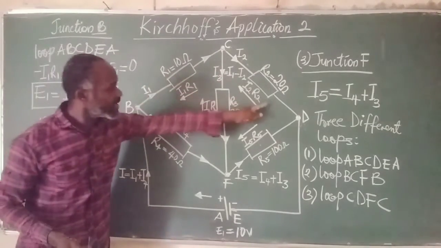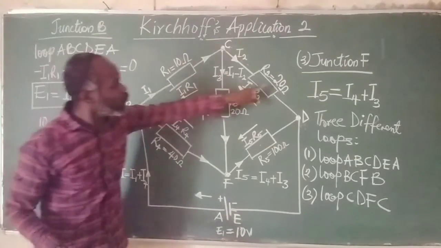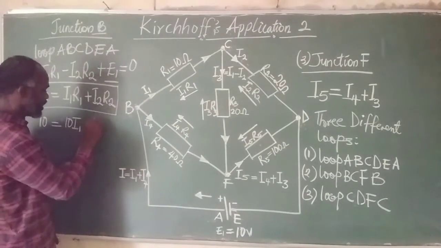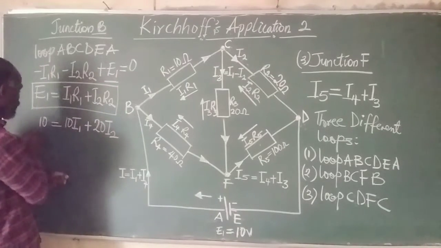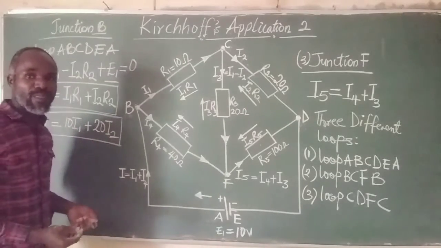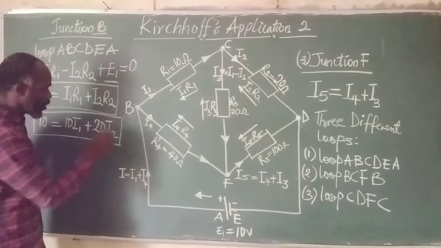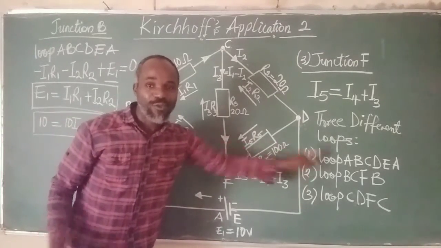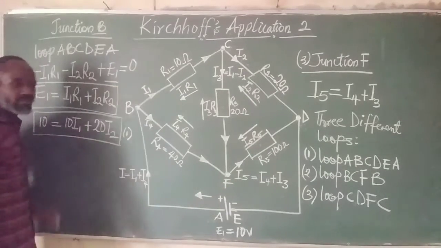We move on again to substitute. For resistance 2, we have 20 ohms, that is, plus 20 ohms, I2. With this, we have generated a numerical expression. We can call this equation number 1, according to this loop. Take note, this is equation 1.